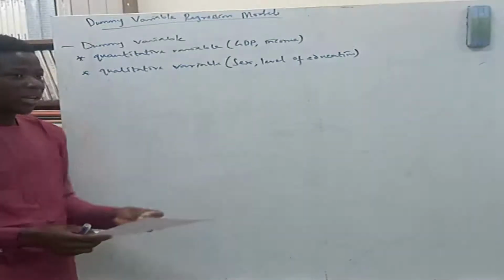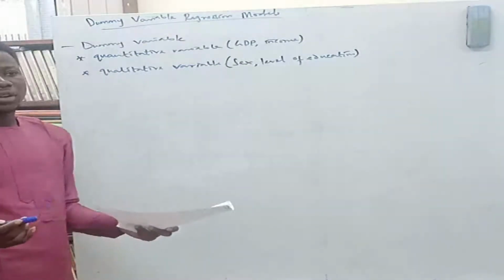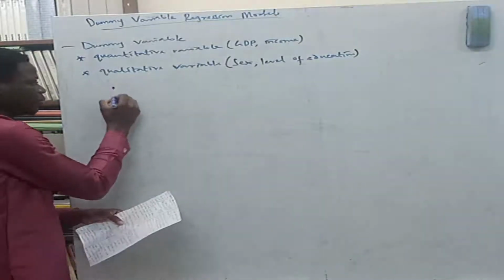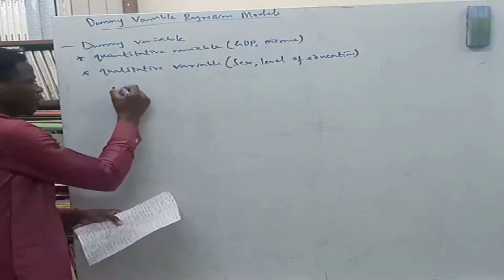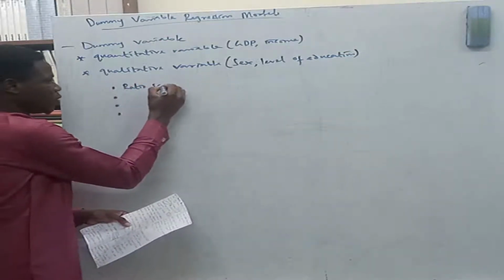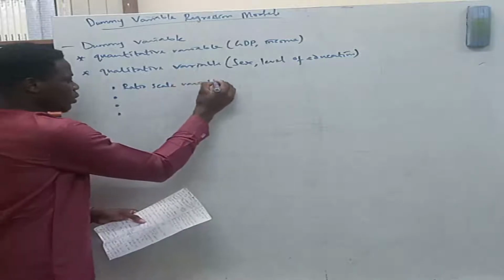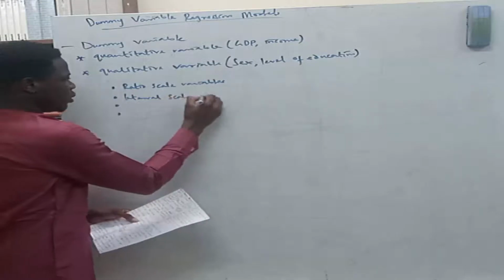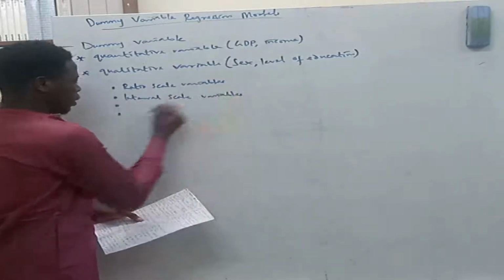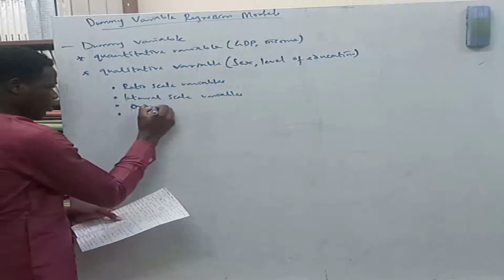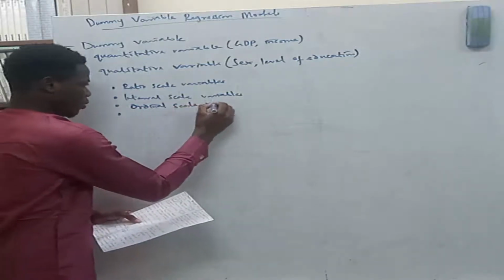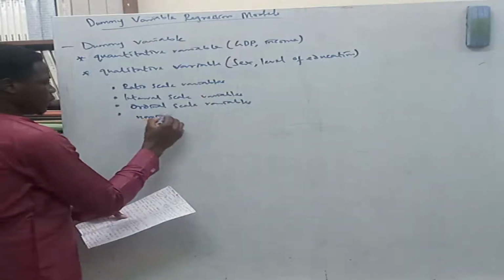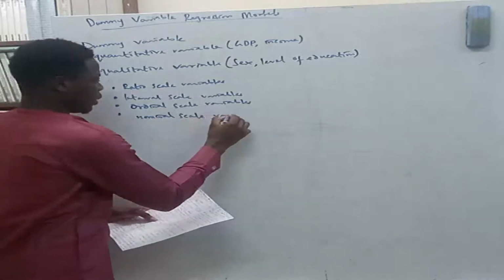Before I continue, I would like to say that among the variables you work with in economics, there are about four of them: the ratio scale variables, the interval scale variables, the ordinal scale variables, and the nominal scale variables.